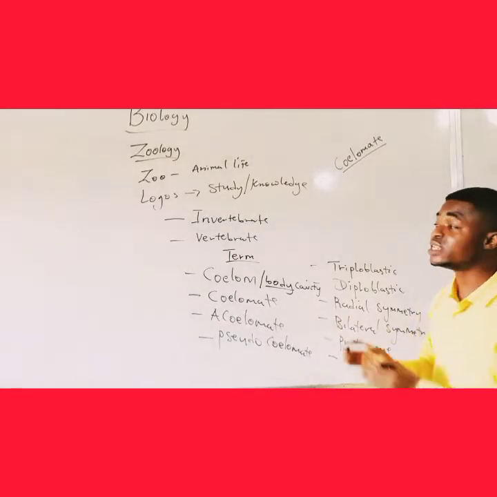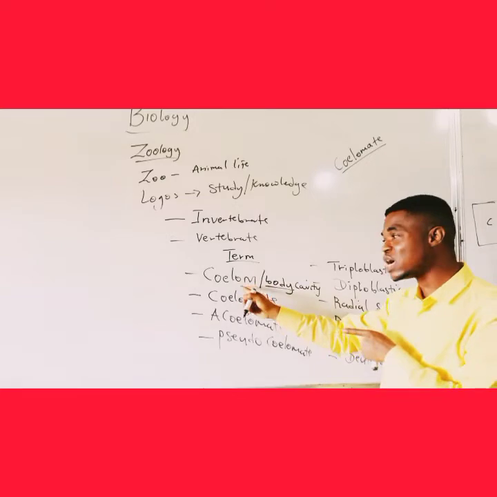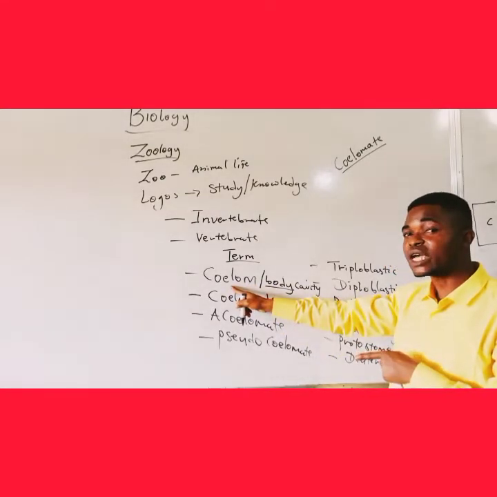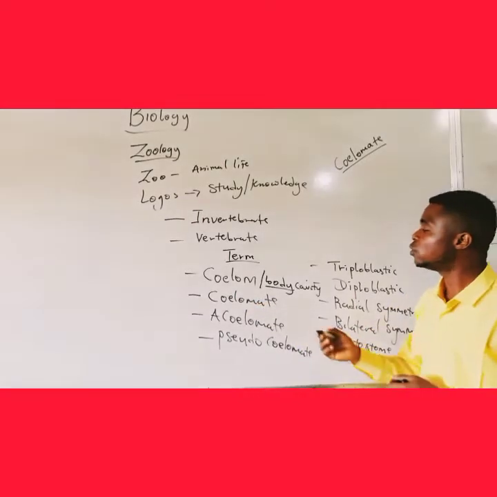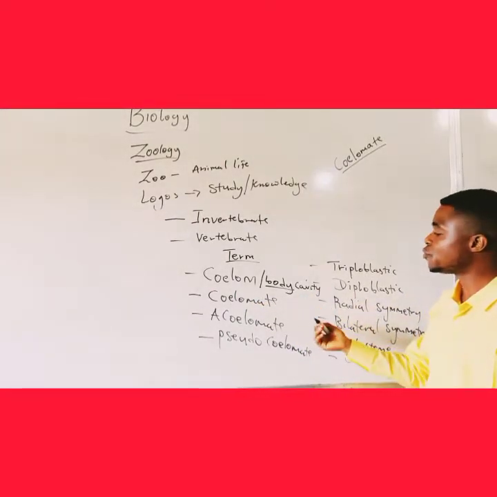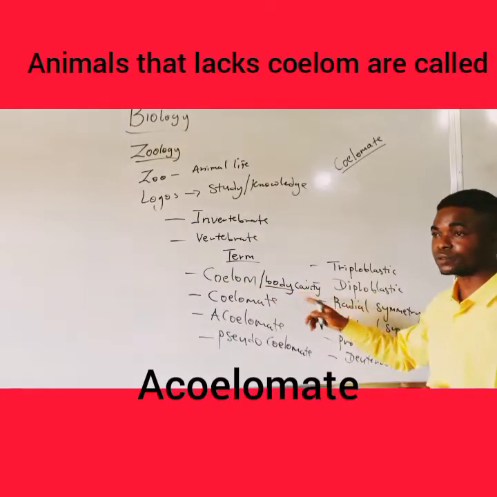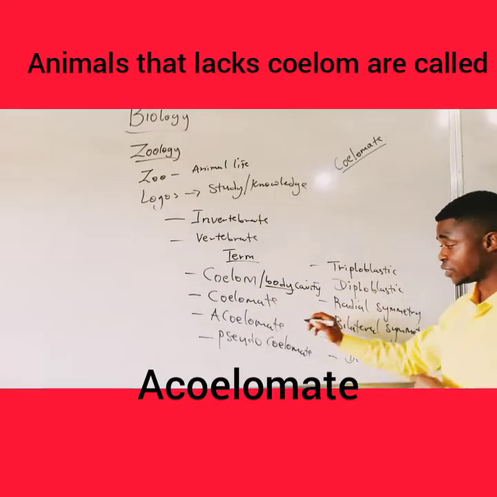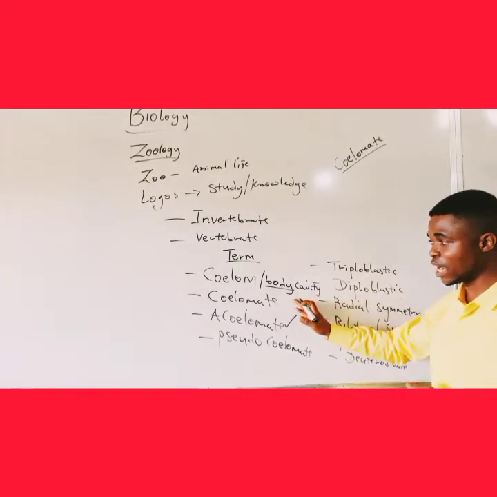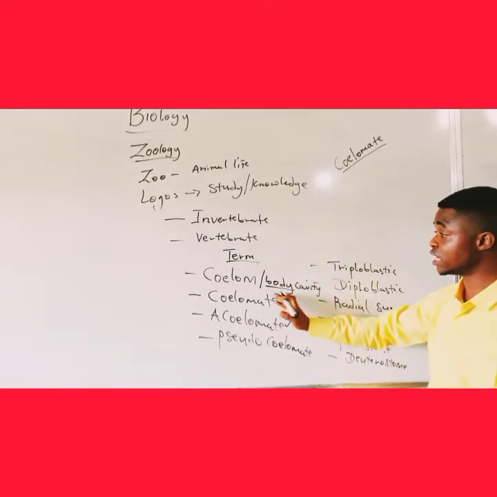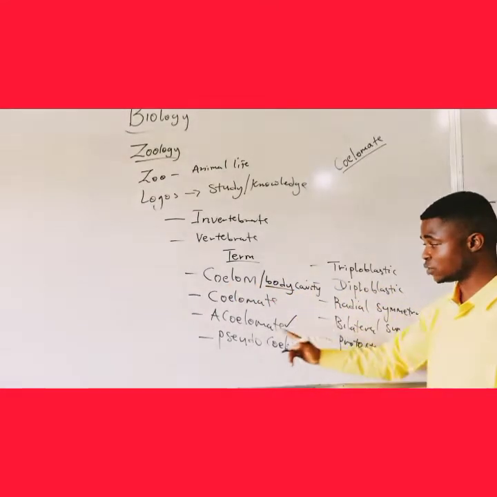When we say coelomate, they are animals that possess the body cavity known as coelom together with the coelomic fluid. Now we have another group of animals that lacks this coelom or body cavity. Such animals are referred to as acoelomate. So the coelomates are the animals in zoology that have the coelom, while the ones that lack this body cavity are known as the acoelomate.